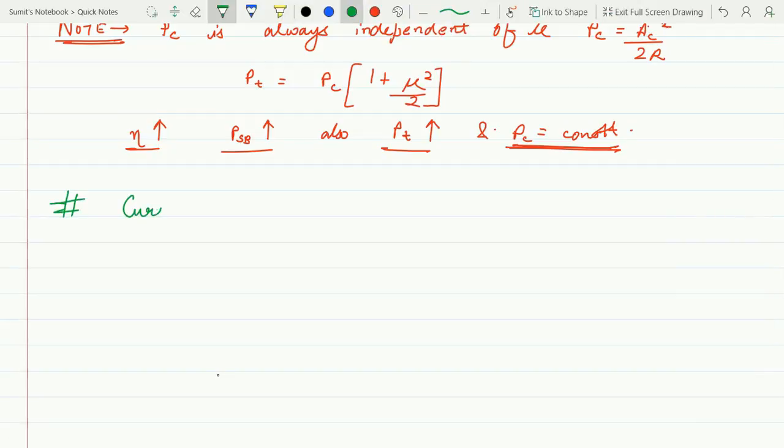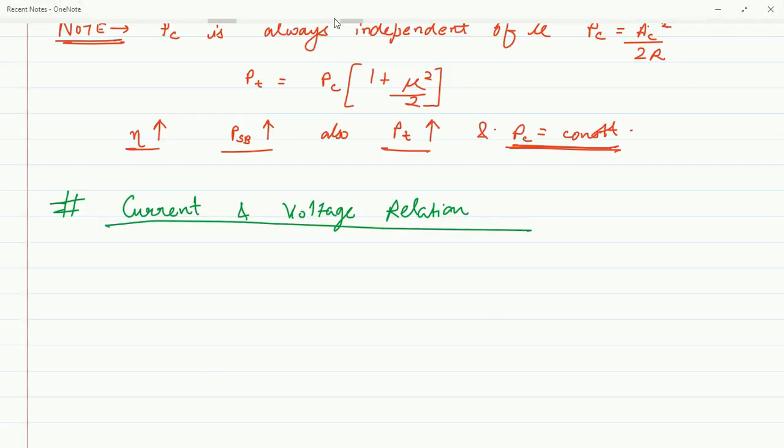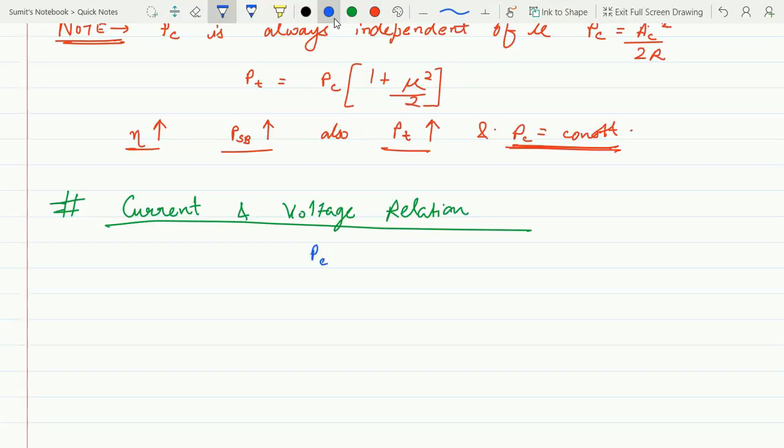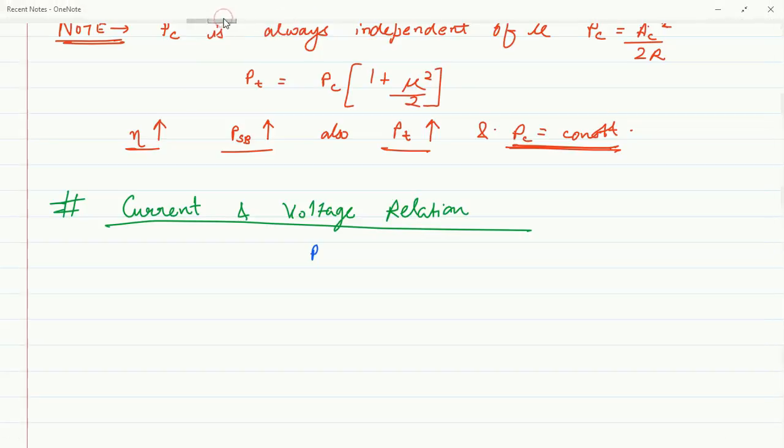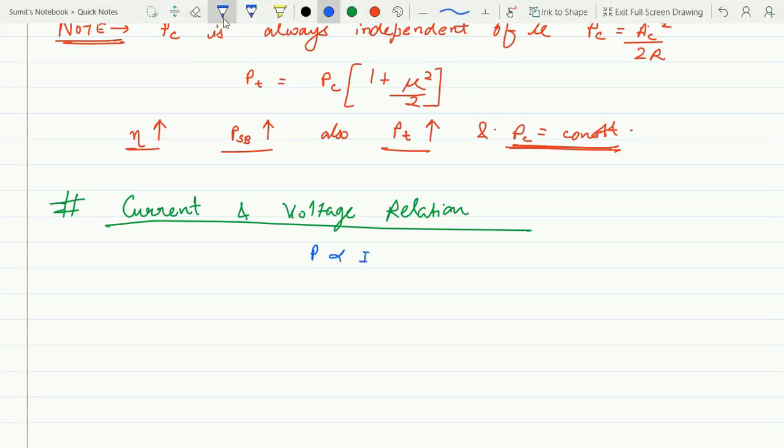So now we saw the power relation in AM. Now just see the current and voltage relations of AM. I am concluding it from the power formula itself, because power is proportional to the square of the current or the square of the voltage.